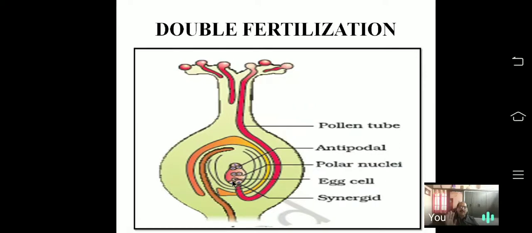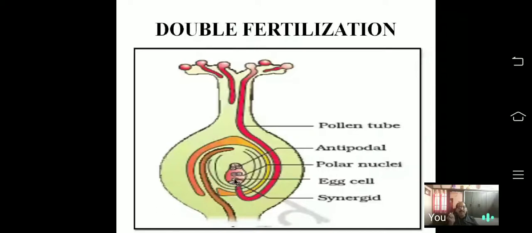This process of fusion of male gamete sperm and egg is called syngamy or fertilization. Fertilization in a plant is generally called syngamy. This is the first fusion.